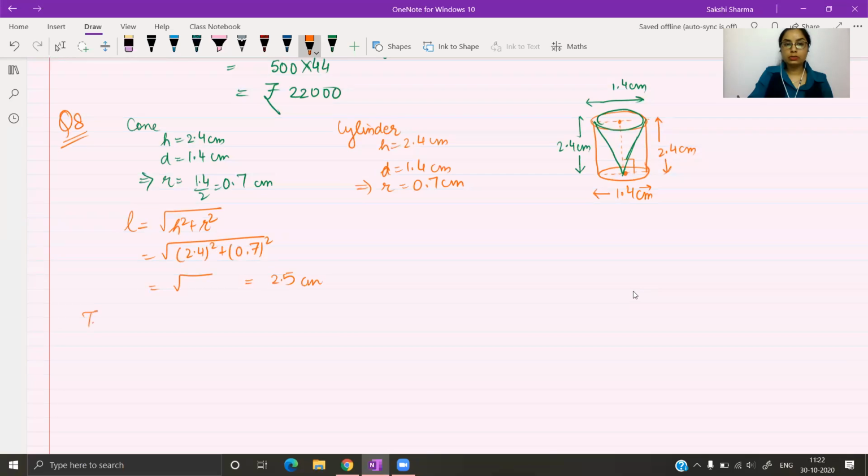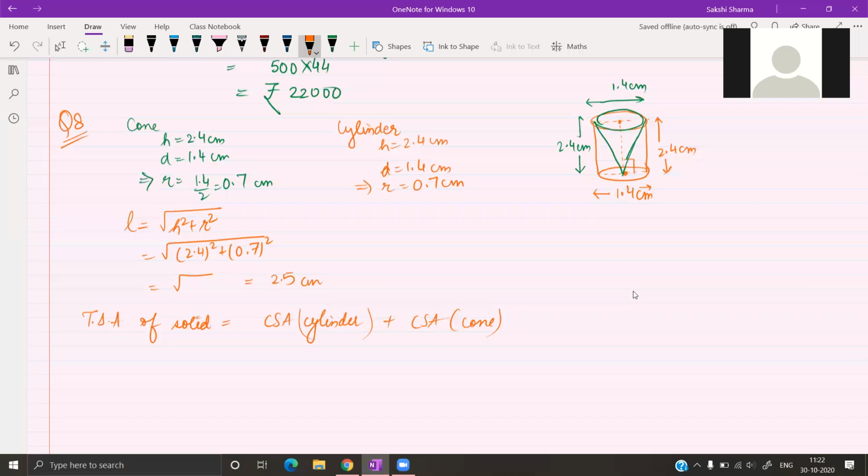Now you can find out the total surface area of the solid. This will be CSA of the cylinder plus CSA of the cone plus base area of cylinder.